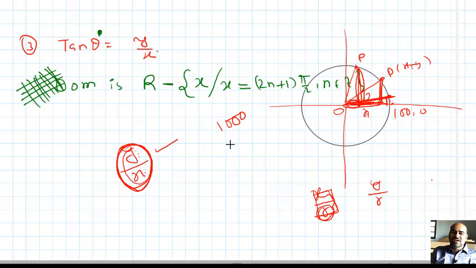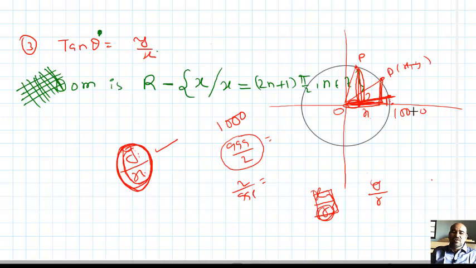For example, I will take y as 999 and x as 2. Then 999 by 2 is something like 450 plus. Sometimes x may be 999 and y may be 2. In this case, the value is 0.0001 or so. So the y by x value is any real number.